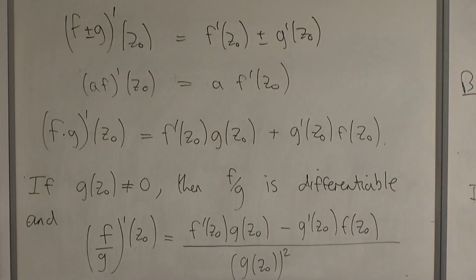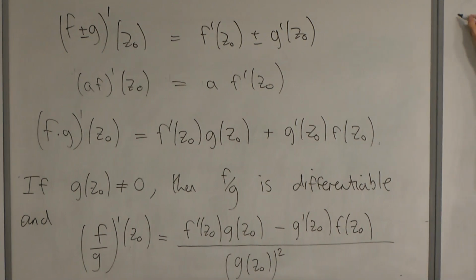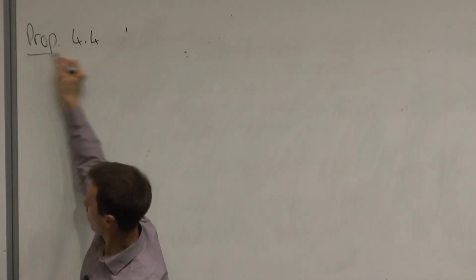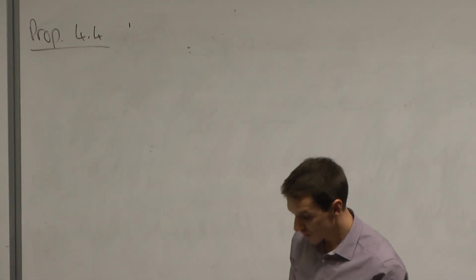Right, the next result, which is probably the one we will finish with today, is an analog of the chain rule. And this is proposition 4.4, or 17.4 in the book.